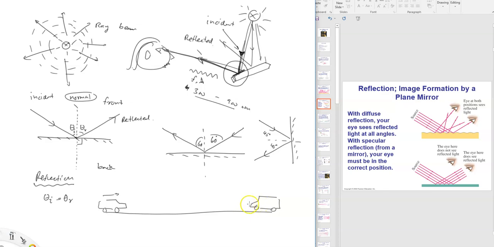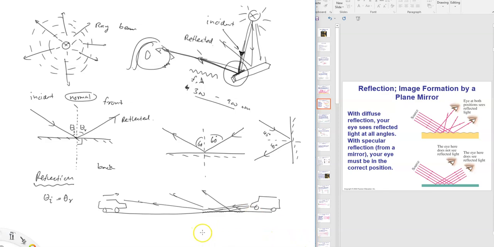As its lights are on, because it's night, mostly a parallel beam of light comes out and reflects. Some of this light comes to you, and because of that you can see this incoming vehicle, right? Because it reflects. Some of this light will go in different directions, like this. Let's say it's a diffuse reflection because there's so much unevenness on the road. It's not a smooth surface.